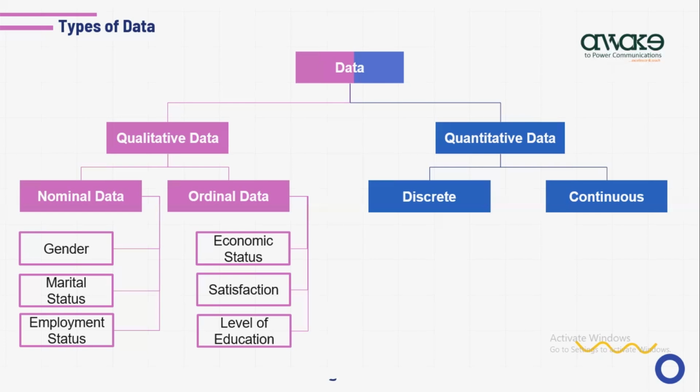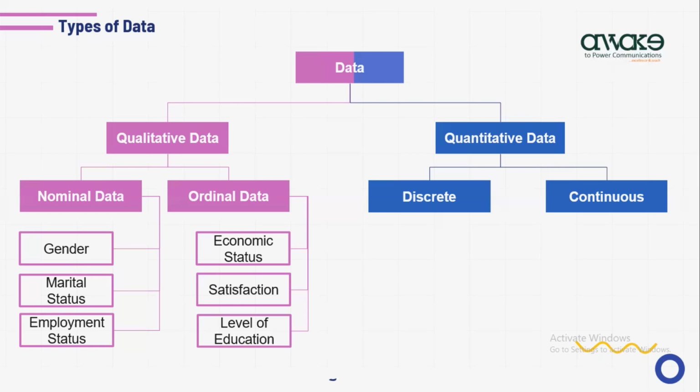Okay. So now under discrete data. I believe you can hear me very well. So under discrete data, discrete data represents data items that can be counted. They are finite, right? And represented as whole numbers, okay?